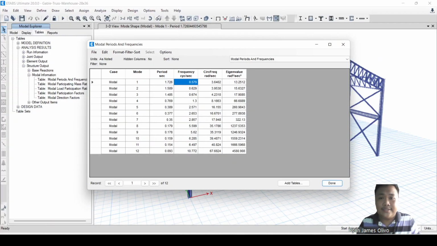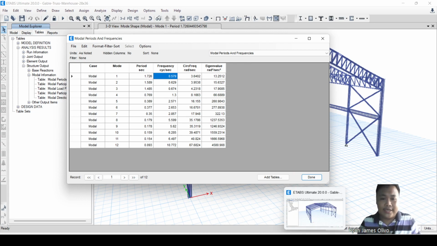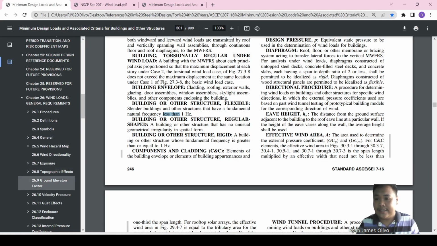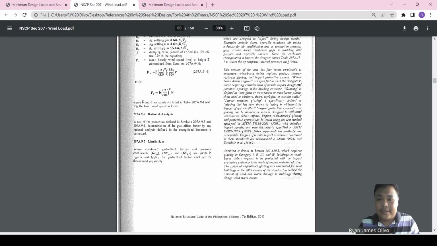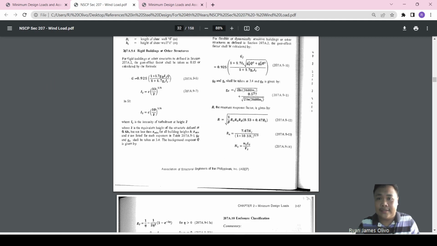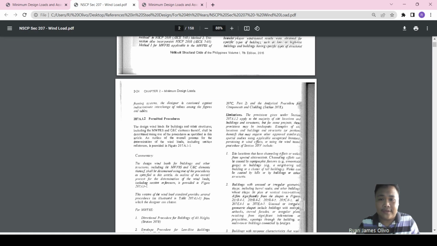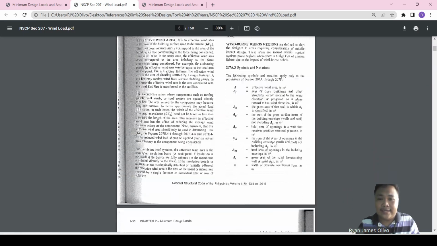So anyway, this is a flexible building, so therefore we need to use the formula as defined by ASCE 26.11 and also in NSCP 207A.9.1. Let's see if the definition is the same as the ASCE.